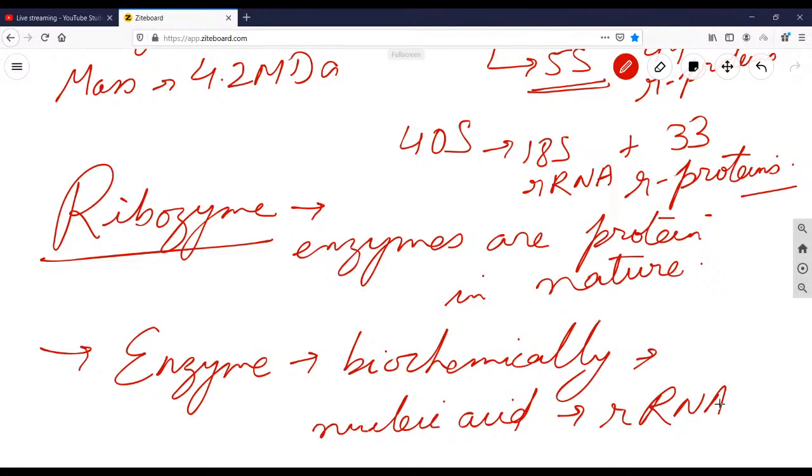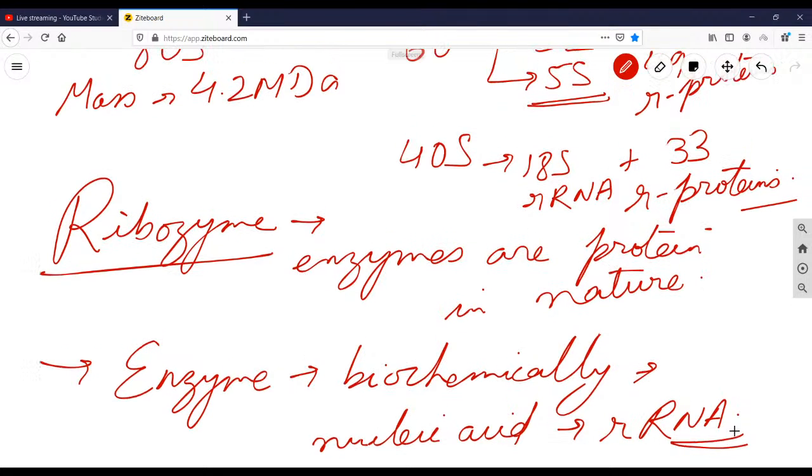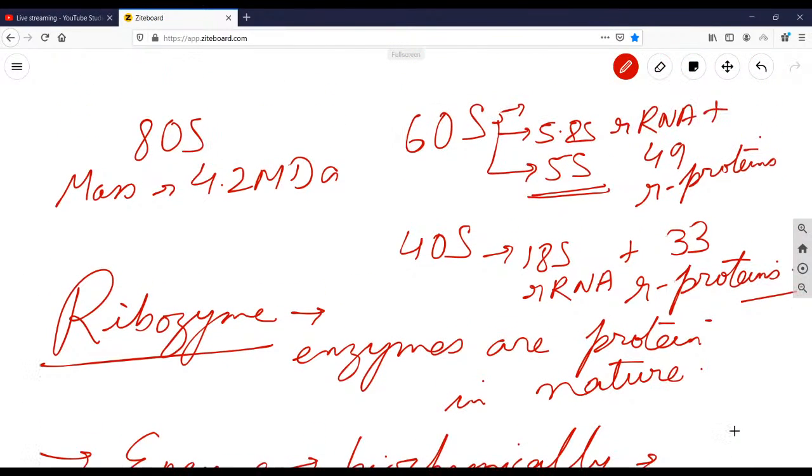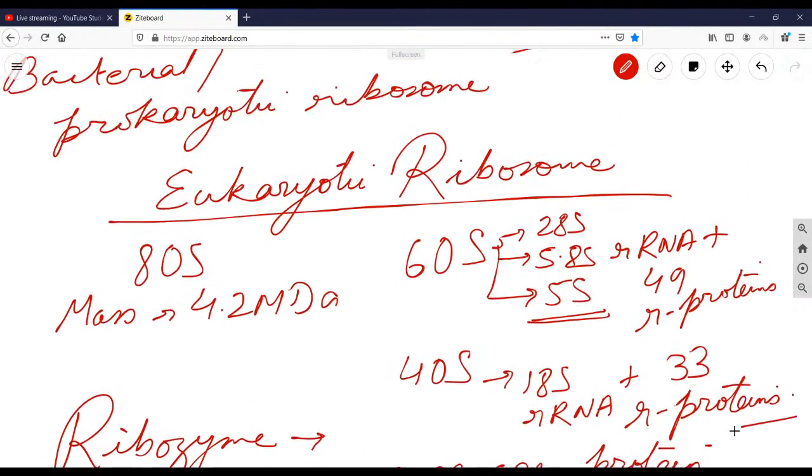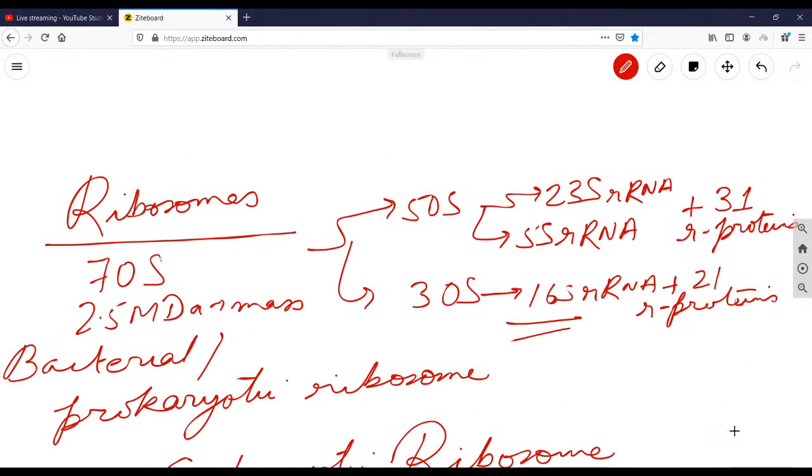Ribosomal RNA, or rRNA. In prokaryotes, the 23S rRNA has, due to its conformational property, its 3D structure, the property of peptidyl transferase reaction.